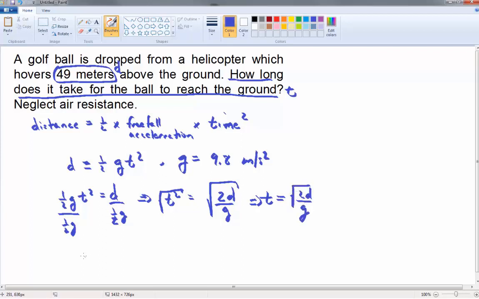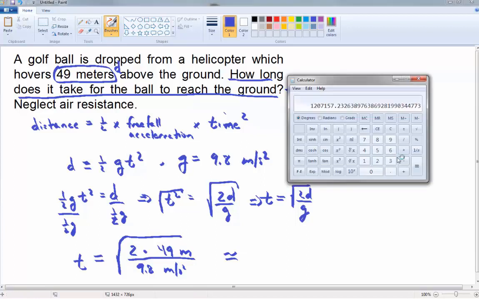So now we can plug some numbers in. The time is going to be the square root of 2 times 49 meters divided by 9.8 meters per second squared. So let's go ahead and get our calculator out. So we have 2 times 49, it's going to be 98, divided by 9.8 should give us 10.